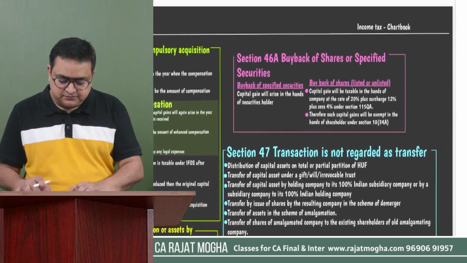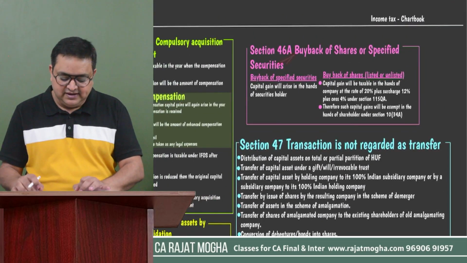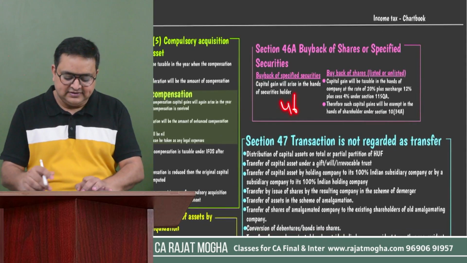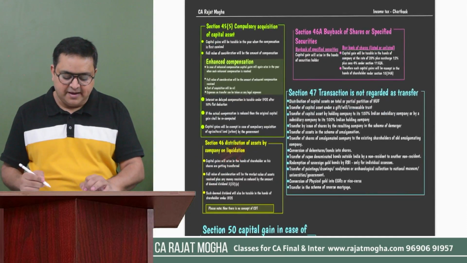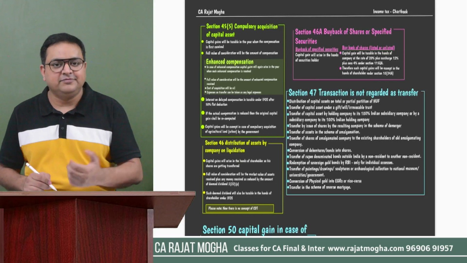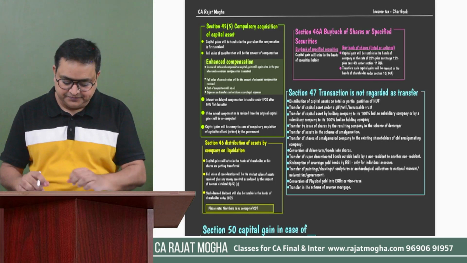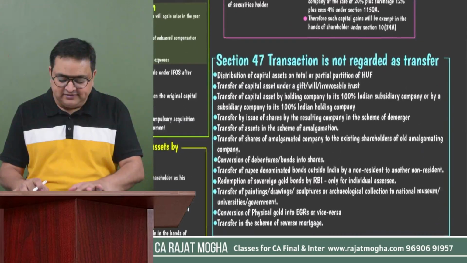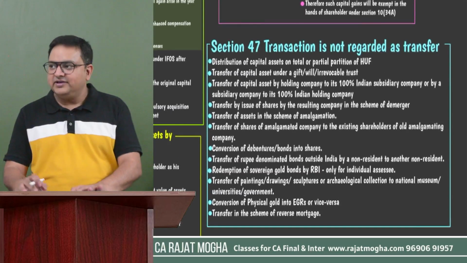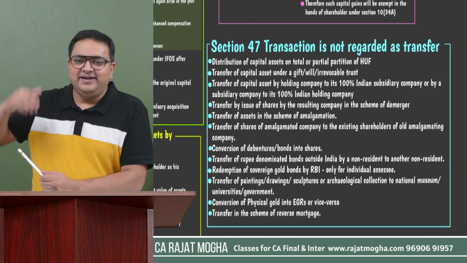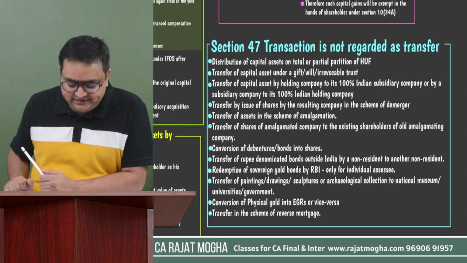Okay. So this was section 46A. What was section 46? Section 46 was distribution of assets by a company on liquidation. Section 47 is again an important section. It contains a list of certain transactions.